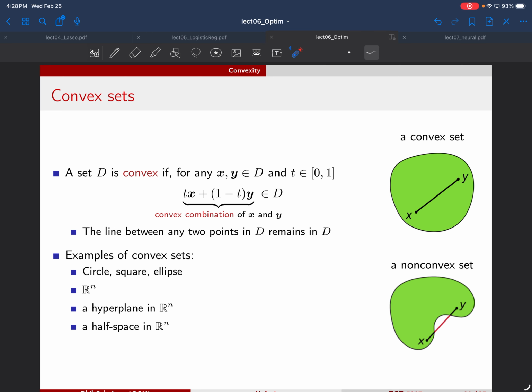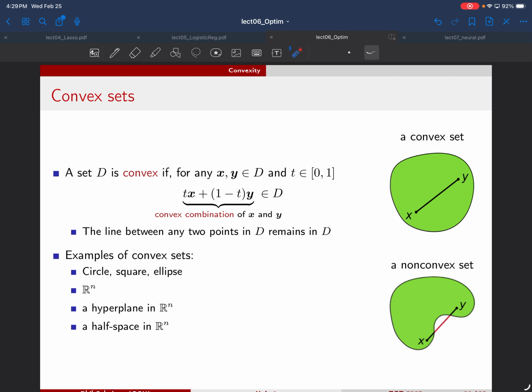A set, we'll call it D, is convex if for any 2 points in the set and any interpolation parameter t between 0 and 1, this linear interpolation of those 2 points, which is called a convex combination of the 2 points, must remain in the set.